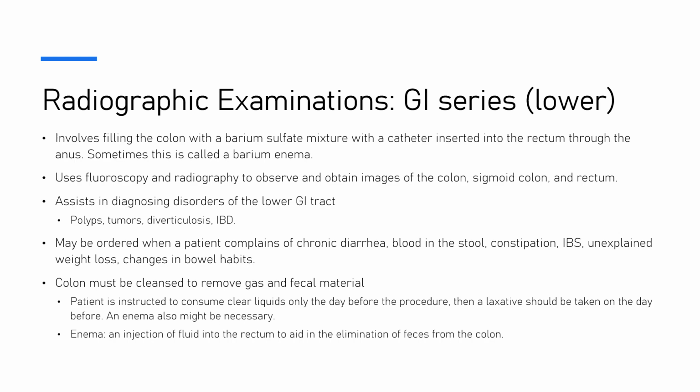It assists in diagnosing disorders of the lower GI tract, so some things like polyps, tumors, diverticulosis, and IBD, which is inflammatory bowel disease. This might be ordered when a patient is complaining of symptoms like chronic diarrhea, blood in the stool, constipation, IBS, unexplained weight loss, and changes in bowel habits.